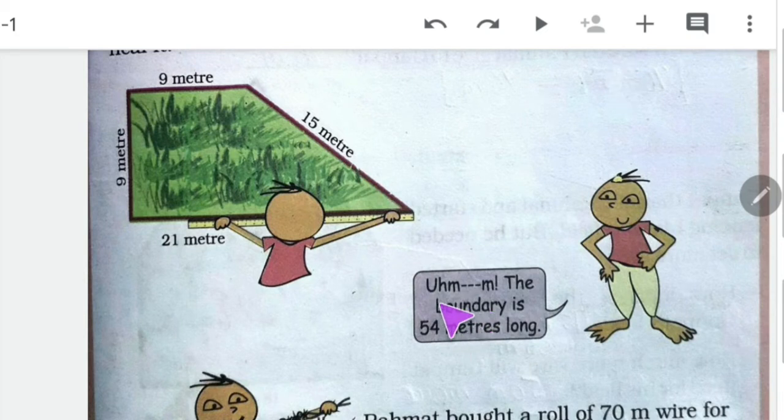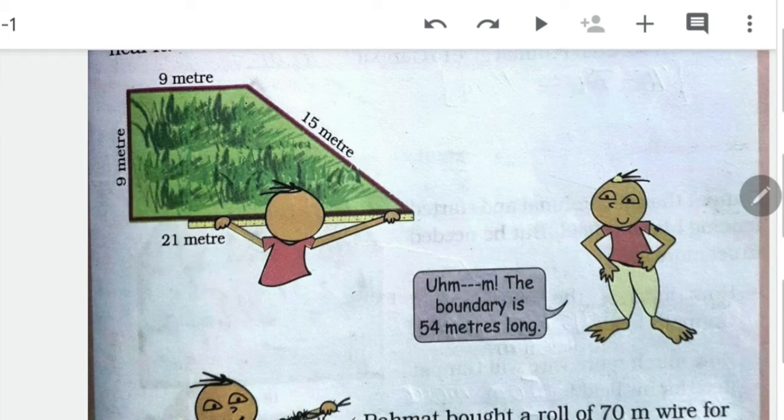So you can see here, he is saying that the boundary is 54 meters long. Now how is he able to know that the boundary is 54 meters long? By adding 9 with 15, then with 21, and then with 9.